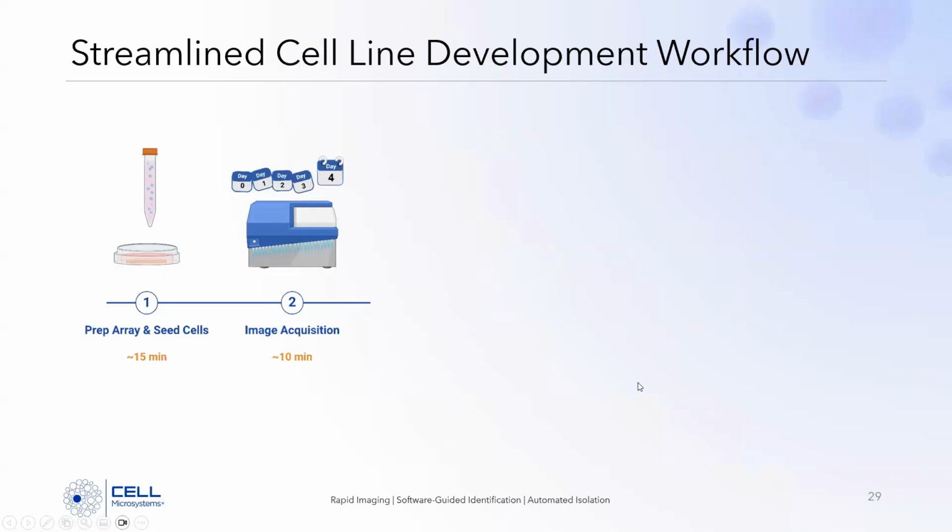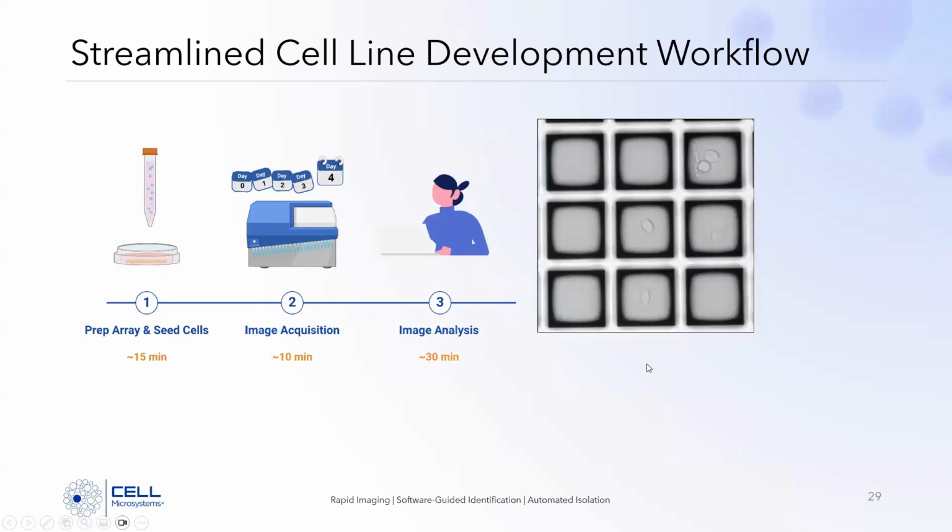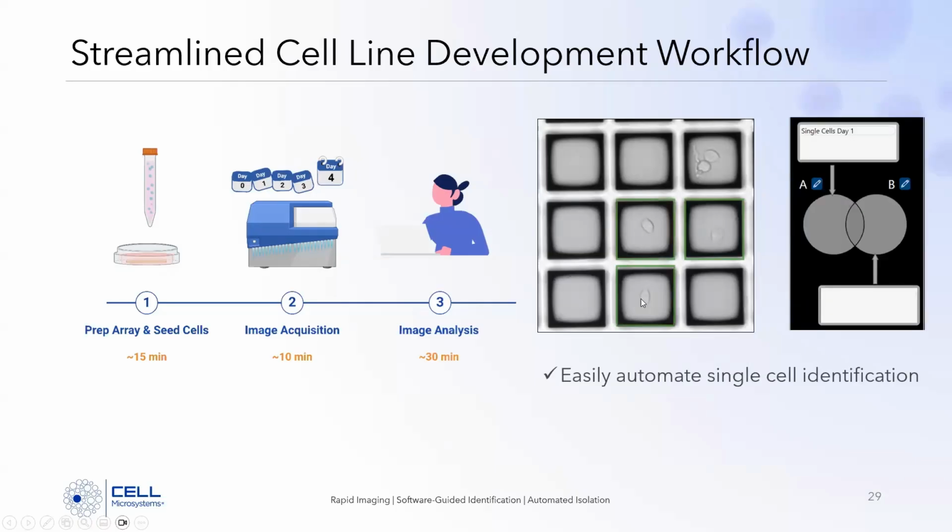After we acquire those images, we can perform image analysis. This is fully offline using our proprietary software, and it frees up the instrument for use by other users and lets you only be in the lab when you need to work with the instrument itself. As you can see here in a small subsection of the array, you can very easily use our software to identify single cells, as you can see in the green boxes.